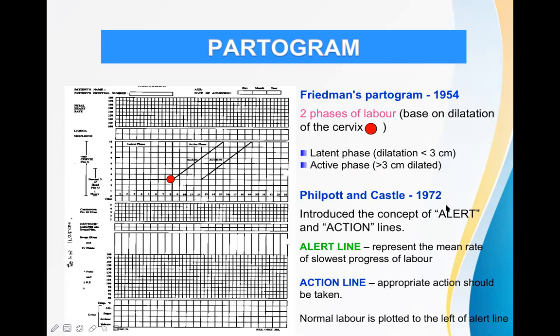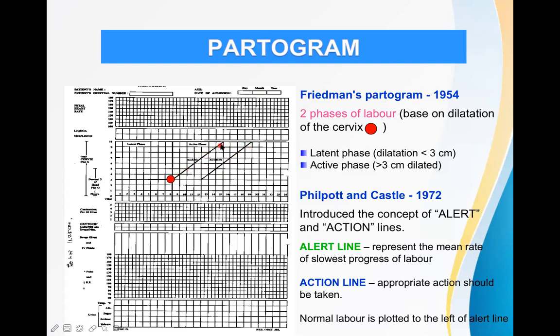Another is Philpott and Castle, which was developed in 1972. According to this, it has introduced two lines here, the alert line and the action line. Now let me show you where the alert and action lines are here. So please pay attention. This is known as the alert line. This is the first line, and the second is the action line.